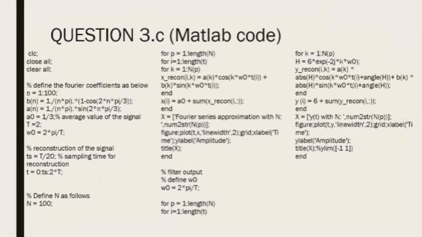The number n we use is 100, and here is a_n, b_n, and a naught.